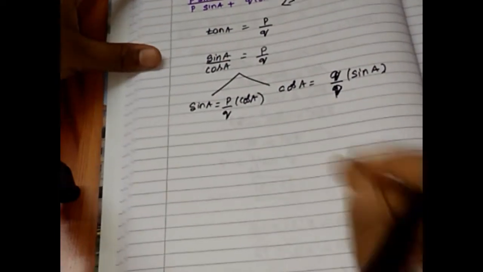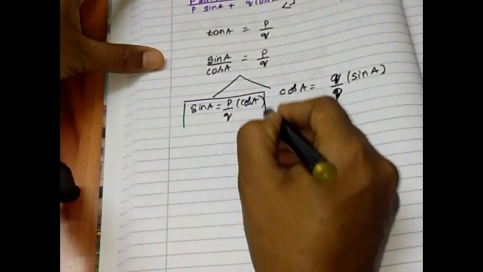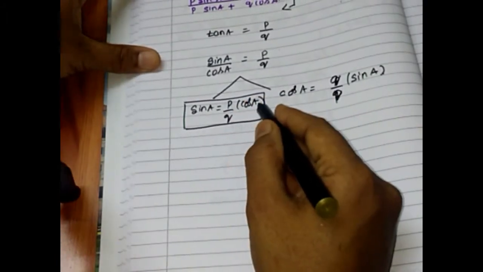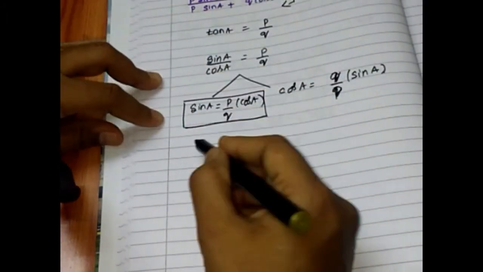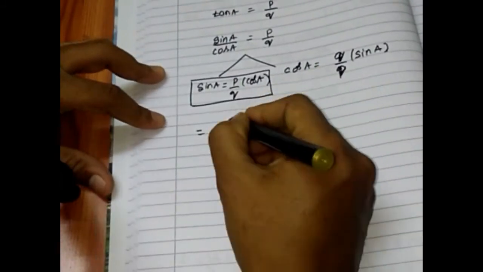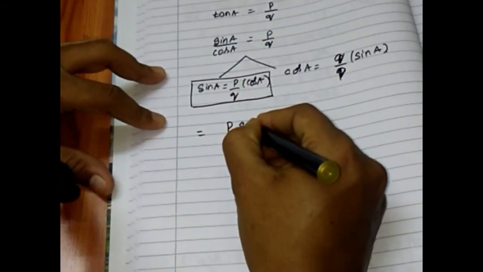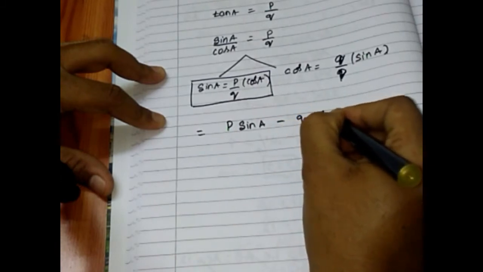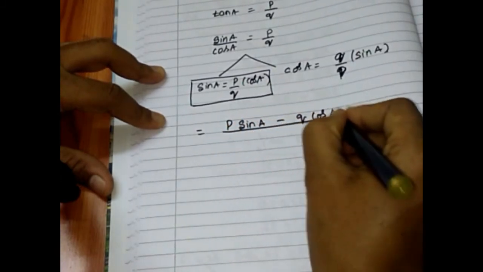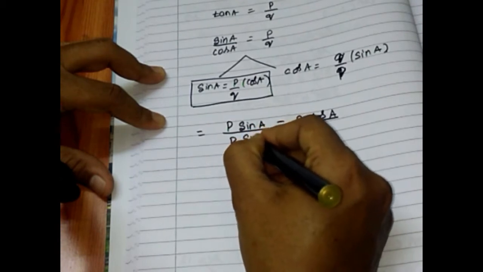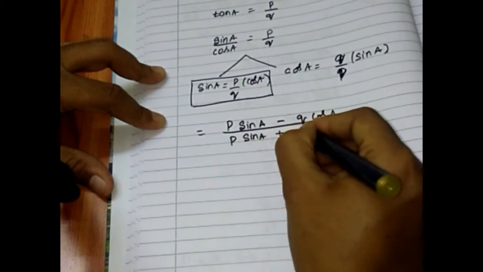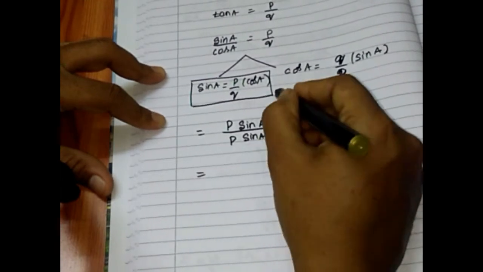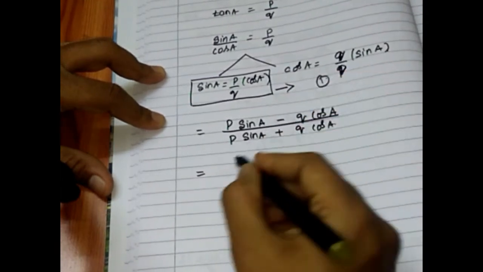So let me consider the first result, that is sin A is equal to P by Q into cos A. Now look at what is given. It is given as P sin A minus Q cos A divided by P sin A plus Q cos A. So let me mark this as result number 1.